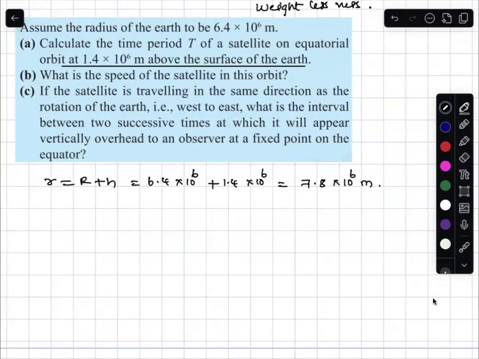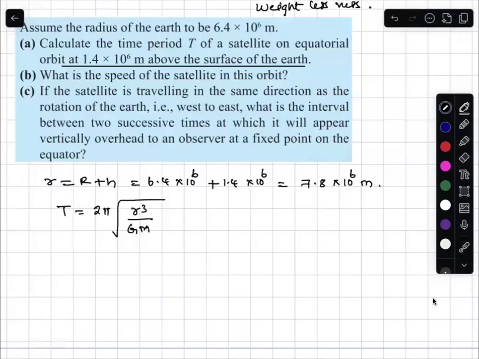Right. Here we already know time period is 2 pi under root r cube by GM, where M stands for mass of the earth.